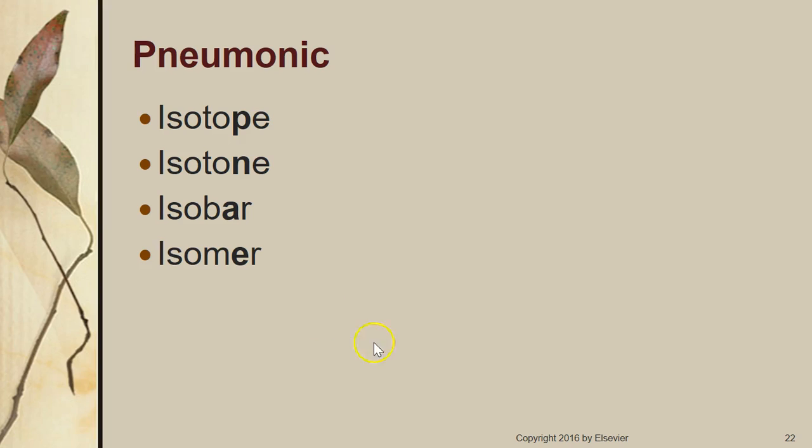In an isotope, that means the protons are the same. Isotone with an N, neutrons stay the same. This A right here in an isobar reminds you of the atomic mass, so the atomic mass number, A. And then an isomer, the E, reminds you that everything remains the same, but it has different amounts of energy.